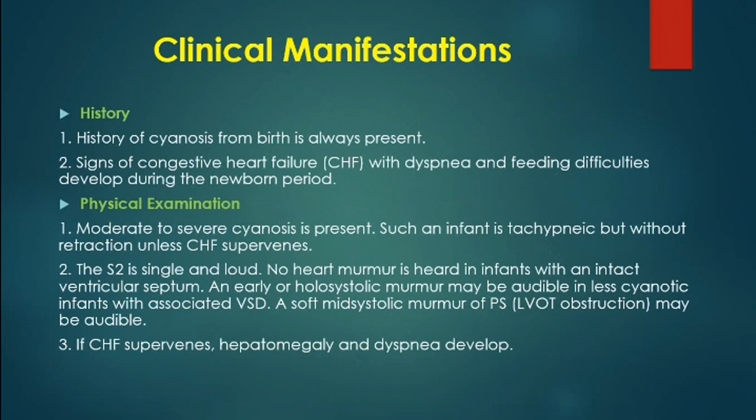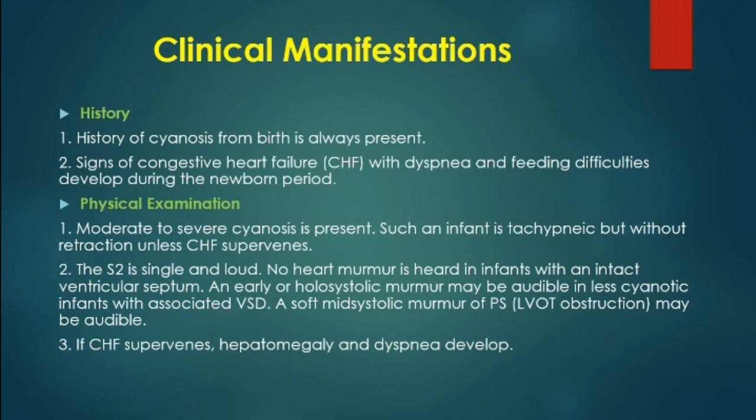Clinically, this patient presents with cyanosis since birth, and signs of congestive heart failure such as dyspnea and feeding difficulties may develop later. By examination, we can elicit moderate to severe cyanosis. The patient is tachypneic with or without retractions, unless the patient develops congestive heart failure in cases of a large VSD or a large PDA.